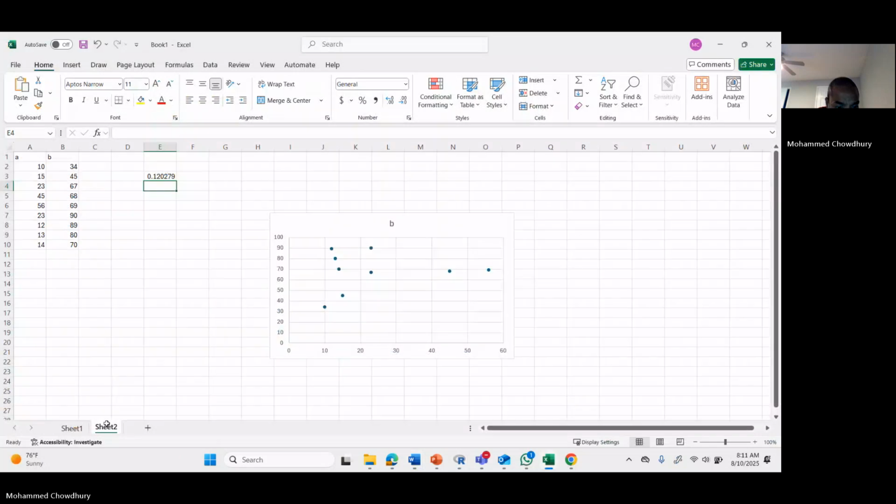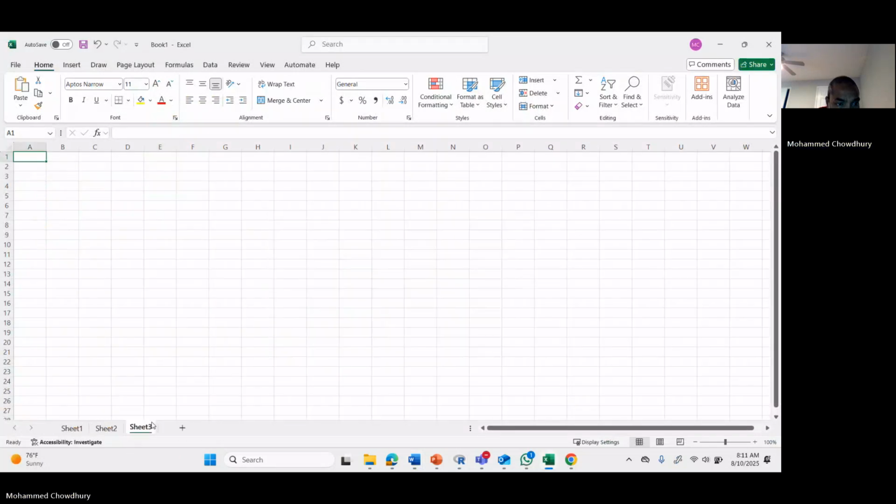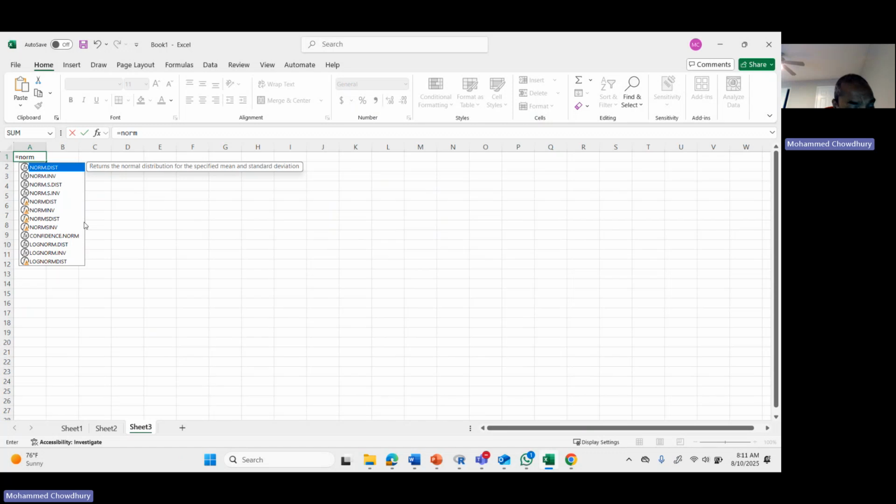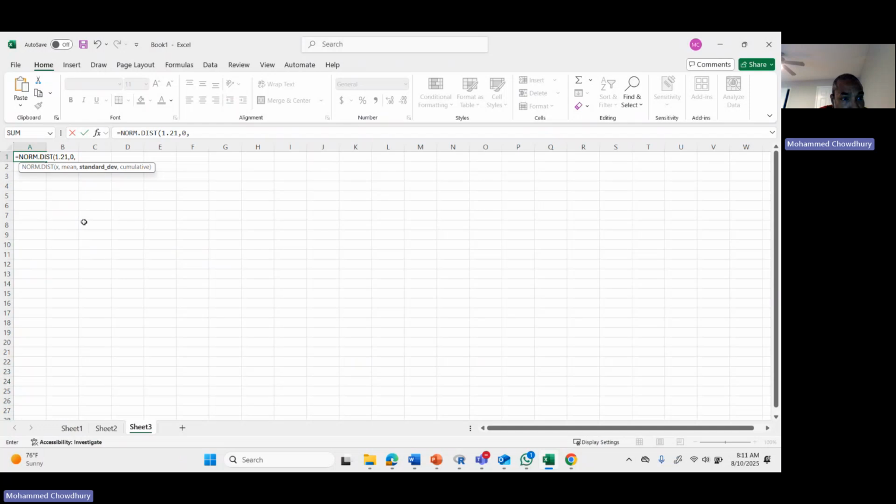Yeah, so let me go there. I want to write here NORM.DIST. If you want to put this, and then here x, mean, and standard deviation. So it is 1.21, mean equal to 0 and standard deviation equal to 1.